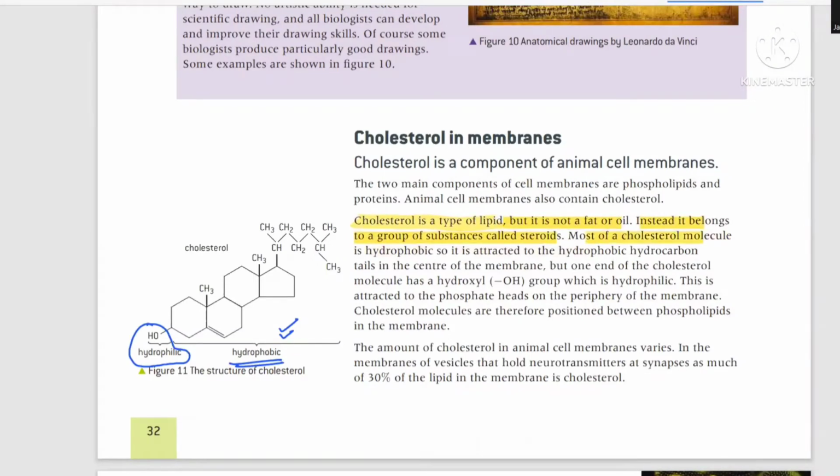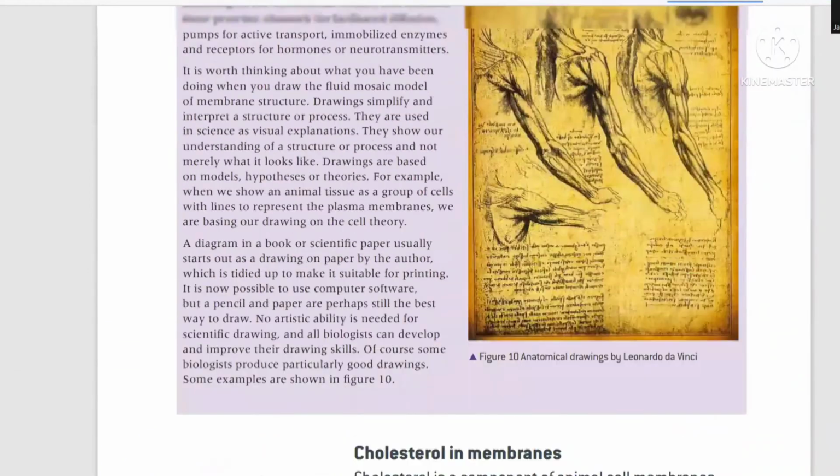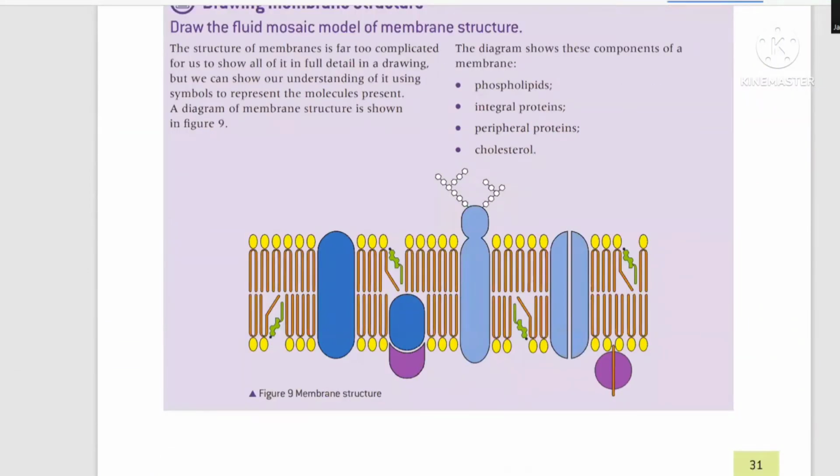Most of the cholesterol molecule is hydrophobic, so it is attracted to the hydrophobic tail of the cell membrane. Only one end has the hydroxyl group, which is hydrophilic, and it is attached to the phosphate head. That is why, see beta, when you draw the diagram of the cell membrane, you orient the cholesterol this way. Check the orientation of cholesterol, which helps to maintain the fluidity of the cell membrane.